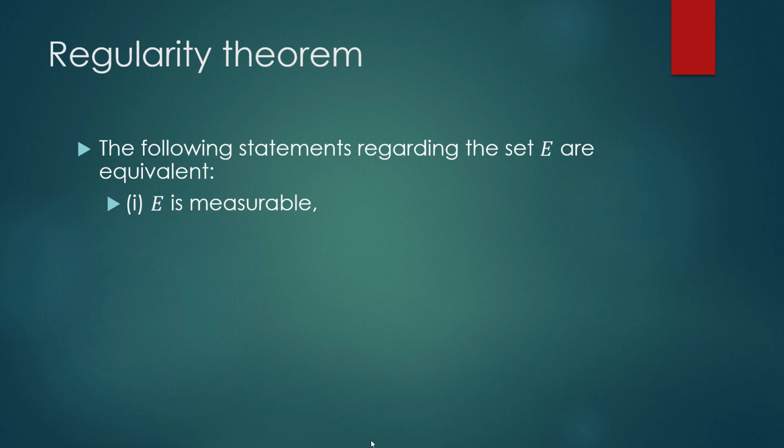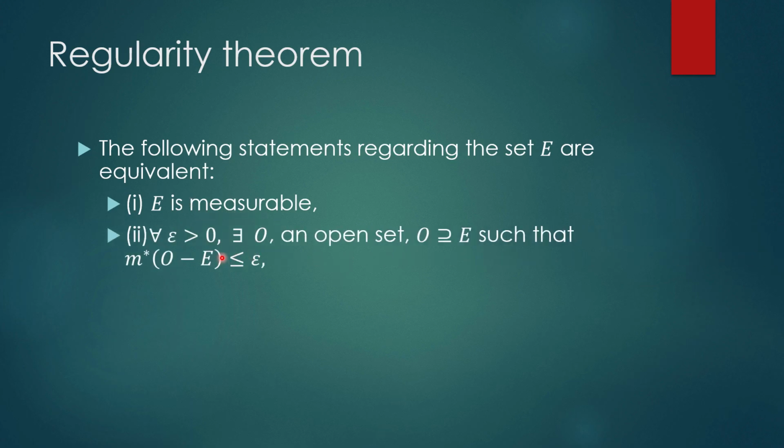Statement two: for every epsilon positive, there exists an open set O containing E such that the outer measure of O difference E is less than or equal to epsilon. So this is about approximation of the measurable set E by an open set O, where the error is less than epsilon.